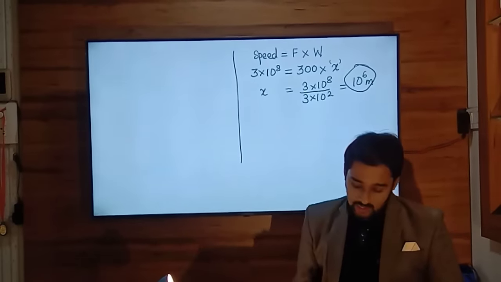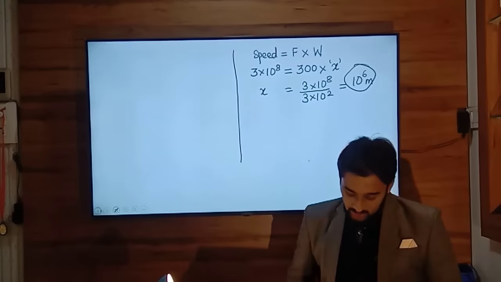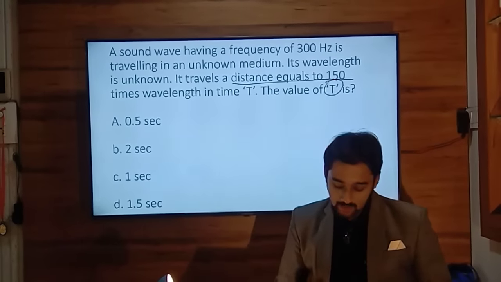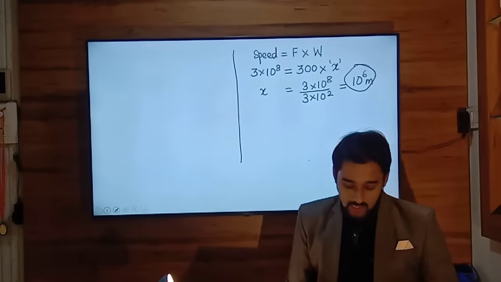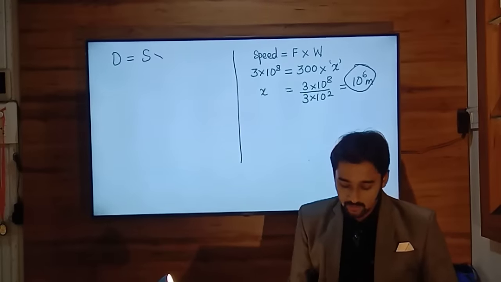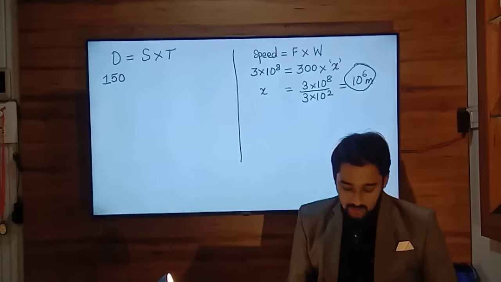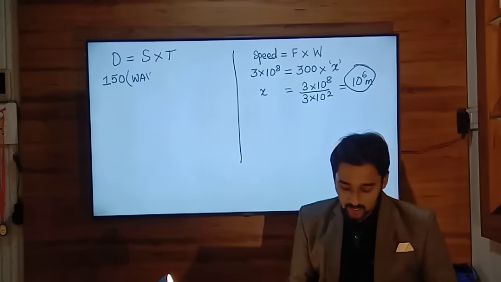Next, we have been given that this wave travels a distance of 150 times wavelength. So distance is equal to speed into time. What distance? 150 times that of wavelength, right?